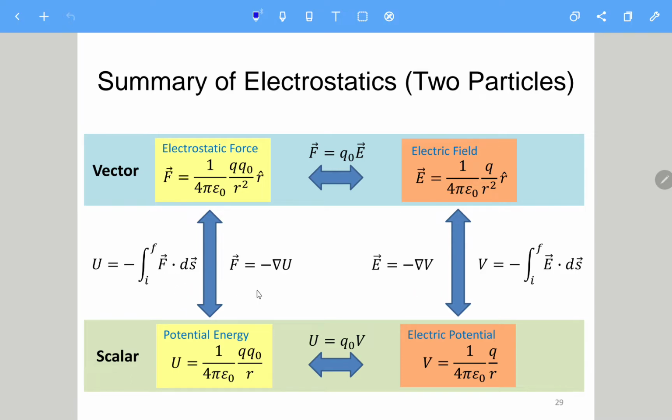Or the other way around, you can take the derivative of the potential and you will get the force. Similarly, between the electric field and the electric potential, we can take the derivative with a minus sign to get the electric field, or vice versa. We can have the electric field first, do the line integral and take the minus sign, and we get the electric potential. So this is a brief summary of the variables we learned so far.